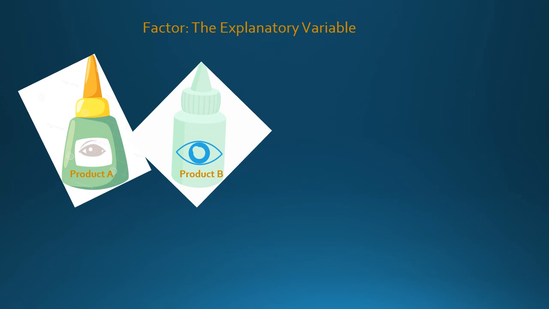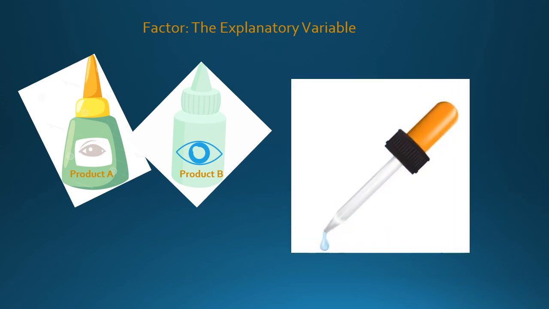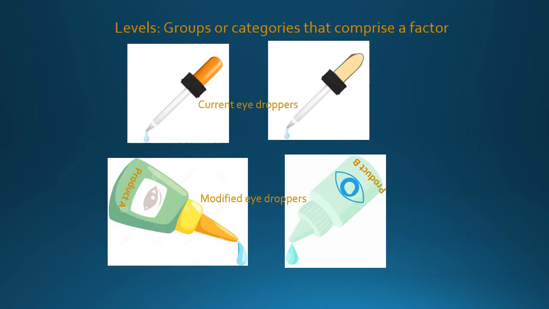For the eye drop example, the factors are dropper type and product type. Levels are the groups or categories that comprise a factor. The current and modified eyedroppers are the two levels of dropper type. The product A and product B are the two levels of product type.